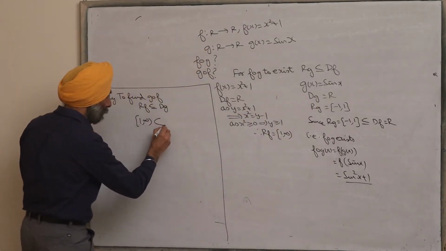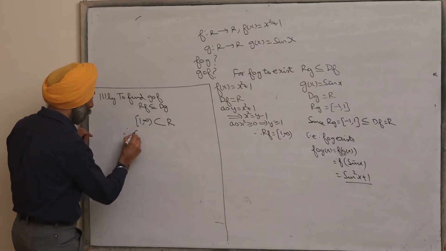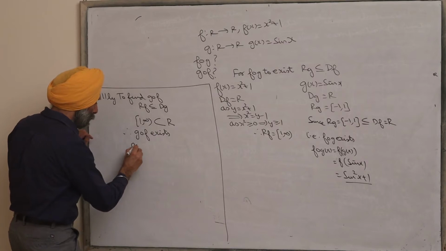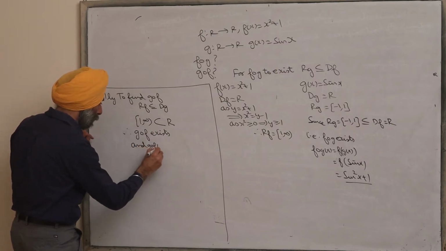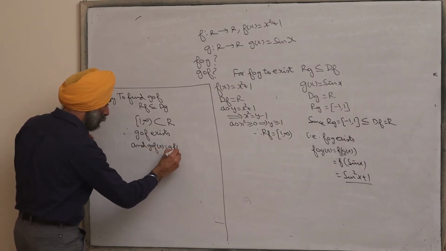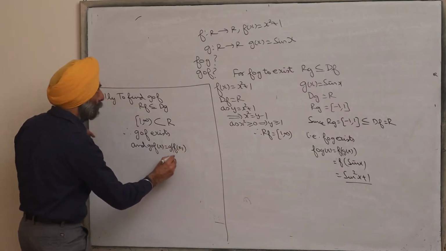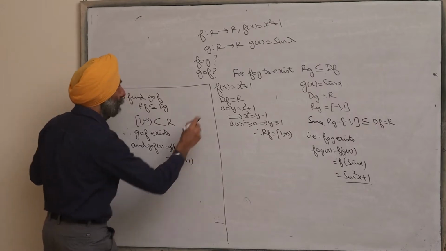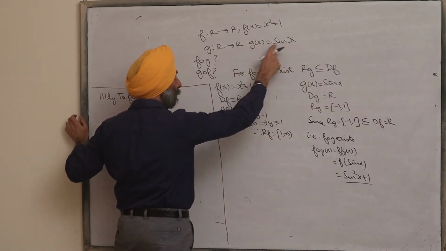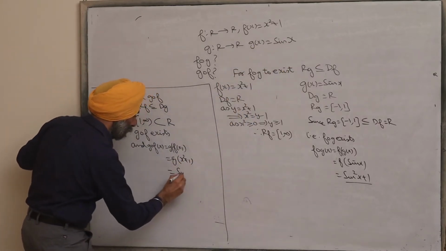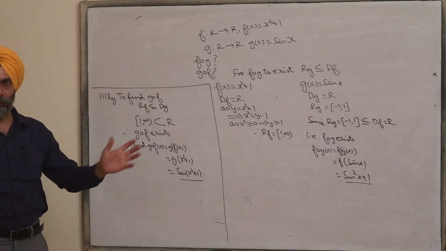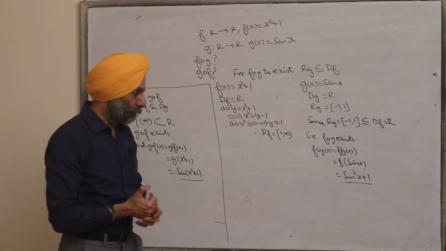It is a subset of R. Therefore g of f exists, and g of f(x) is g of x square plus 1. Since g(x) is sin x, g of x square plus 1 will be sin of x square plus 1. So this way we can find f of g and g of f here.